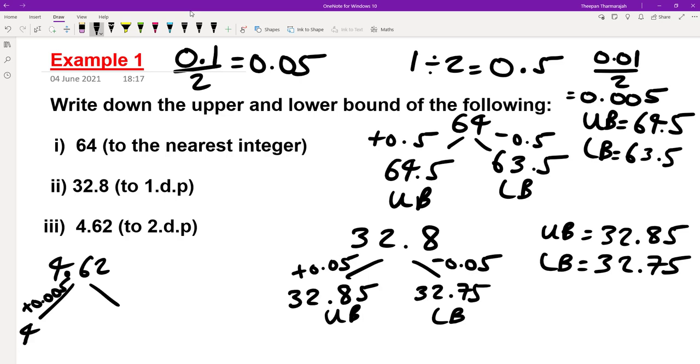So we get 4.625, the upper bound. So for the lower bound, we're going to do minus 0.005, which gives me 4.615 for the lower bound.